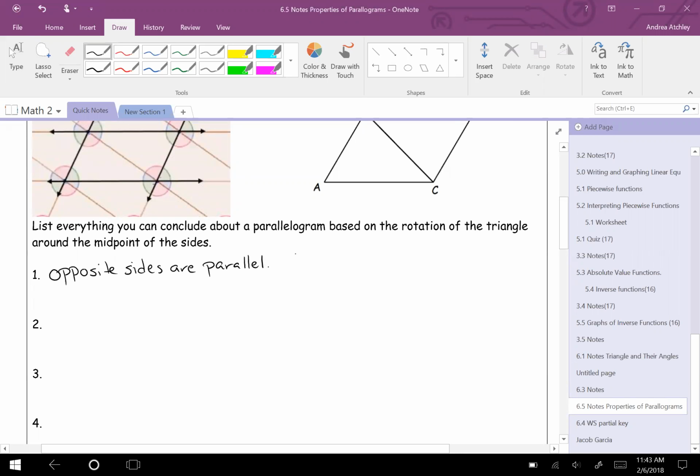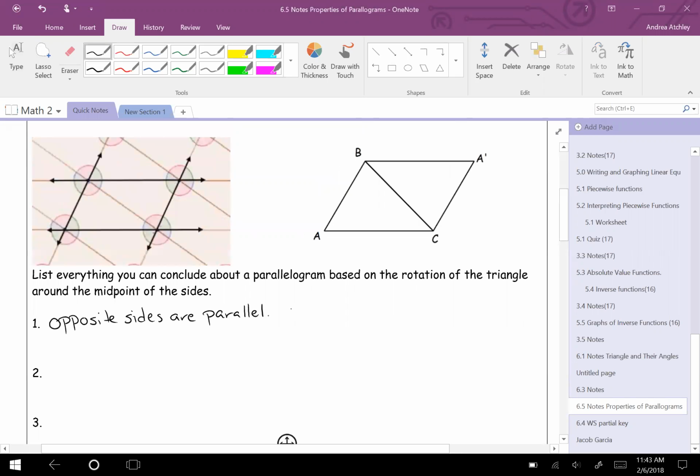That means that side AB is parallel to A prime C. And we put the little parallel mark on the figure.